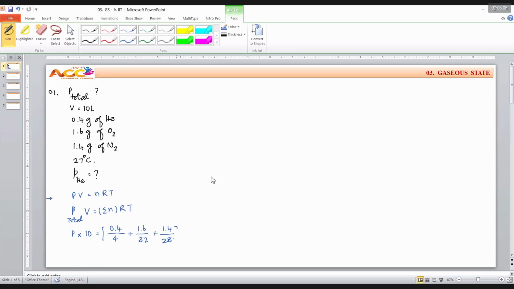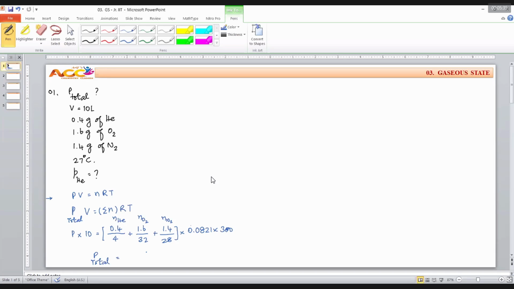This is called sigma n: n1, n2, n3, the number of moles of helium plus the number of moles of oxygen plus the number of moles of nitrogen, into R, 1 by 12.18, or if you want to enjoy, 0.0821, into temperature 300 kelvins. Once you find the value of pressure, this is called the total pressure of the system, the mixture of gases.